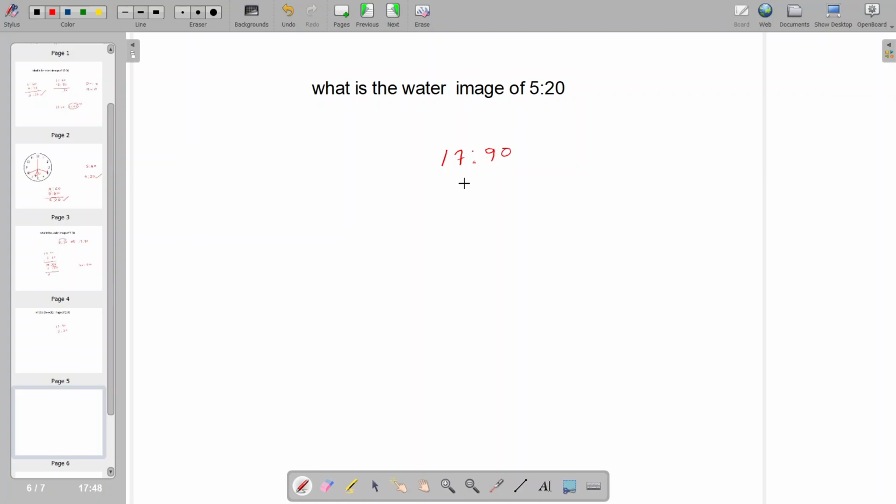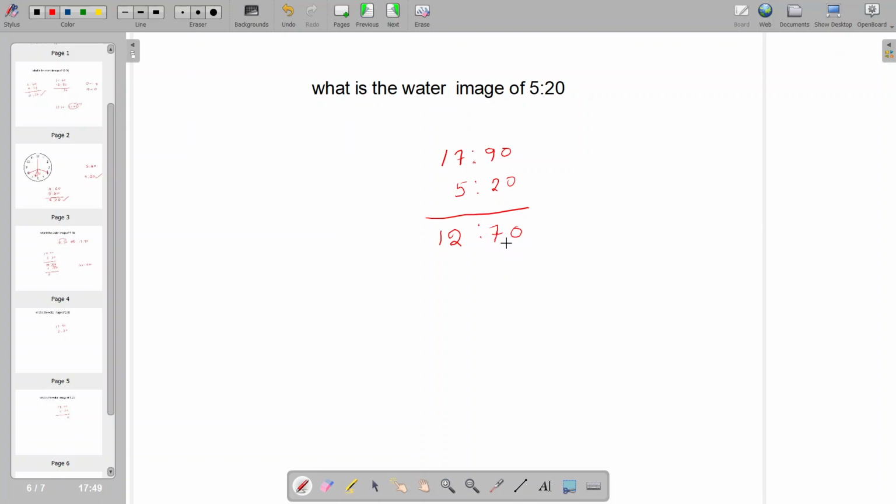17:90 minus 5:20. So 0 minus 0, 0. 9 minus 2, 7. 17 minus 5, how much? 12. So 12:70. Okay, here we have 70 minutes.